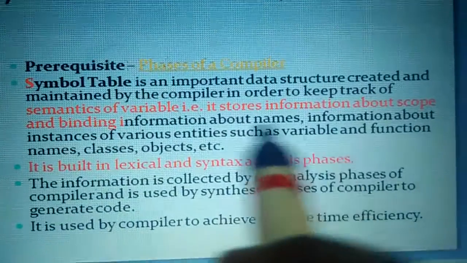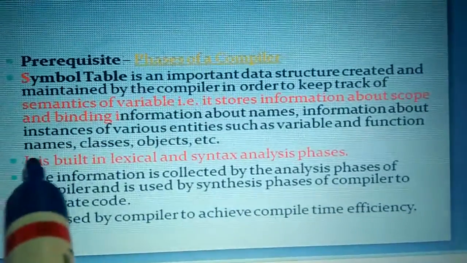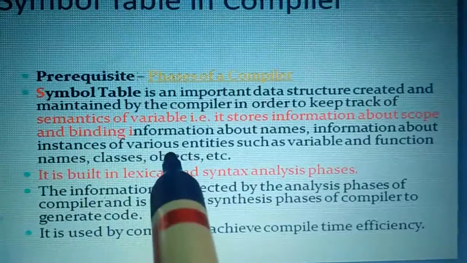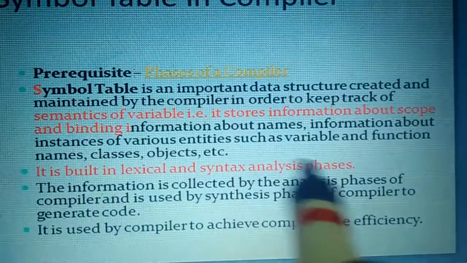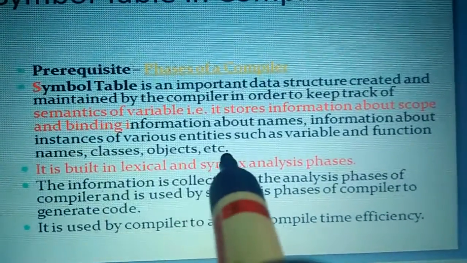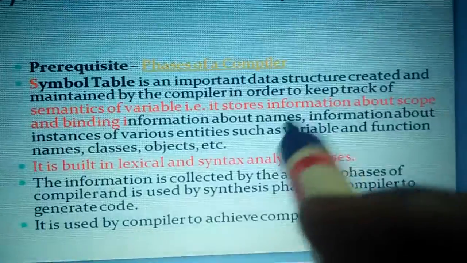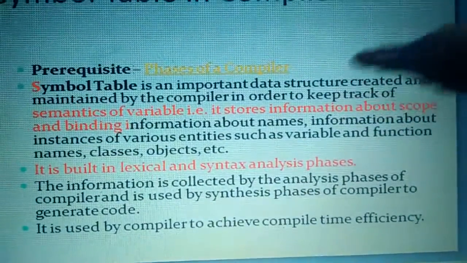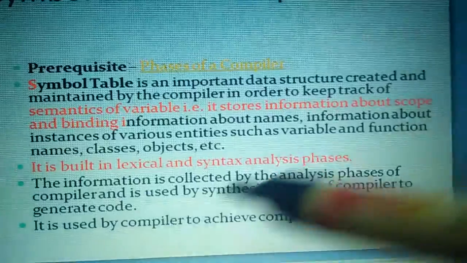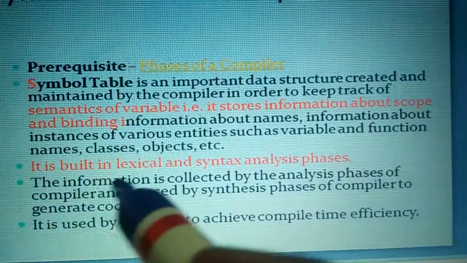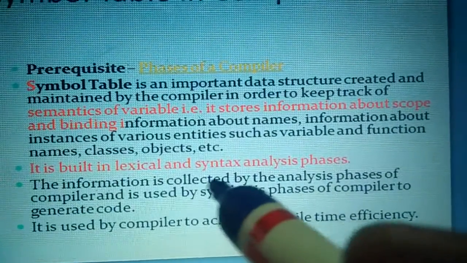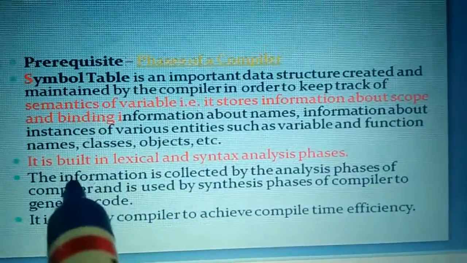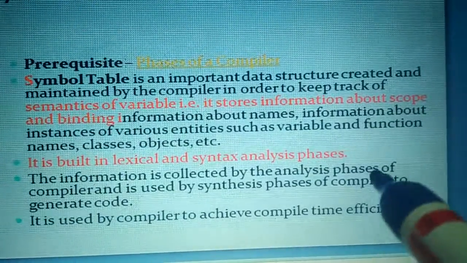Information about names, like instances of variables, entries such as variables and functions, names, classes and objects, are the items which are stored in the entries of the symbol table. It is built in the lexical and syntax analysis phase.